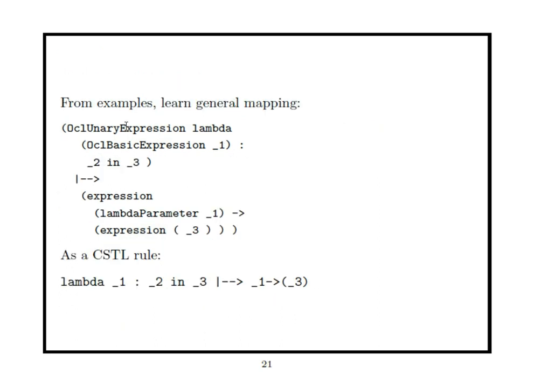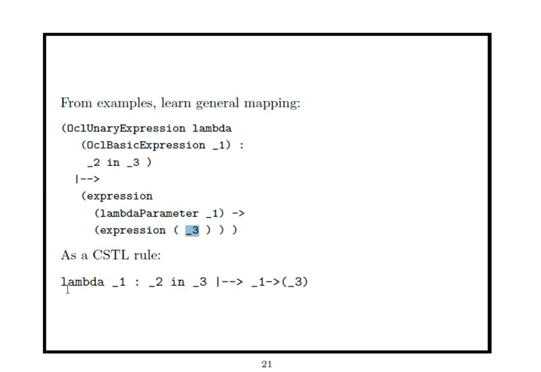So we end up with a schematic rule which looks like this. The OCL basic expression, that's the parameter, becomes the lambda parameter in Java, and the type is discarded. That's item 2. Variable 3 becomes the actual expression of the lambda expression.